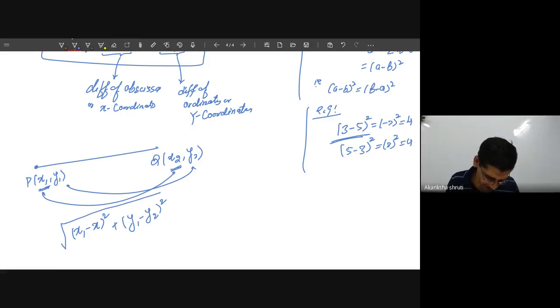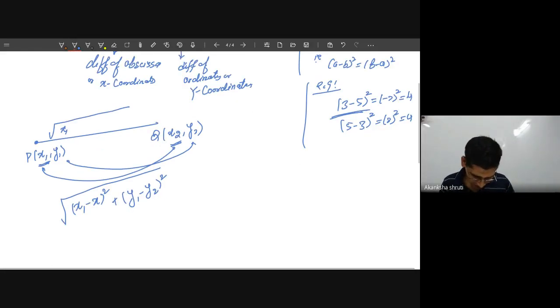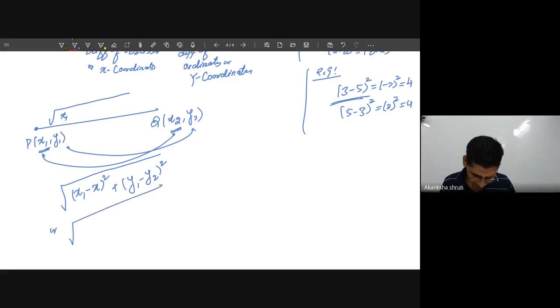So this way, this distance is given by difference of their x coordinate. You are free to write x2 minus x1, mean the same thing, or even x2 minus x1 square plus y2 minus y1 square.